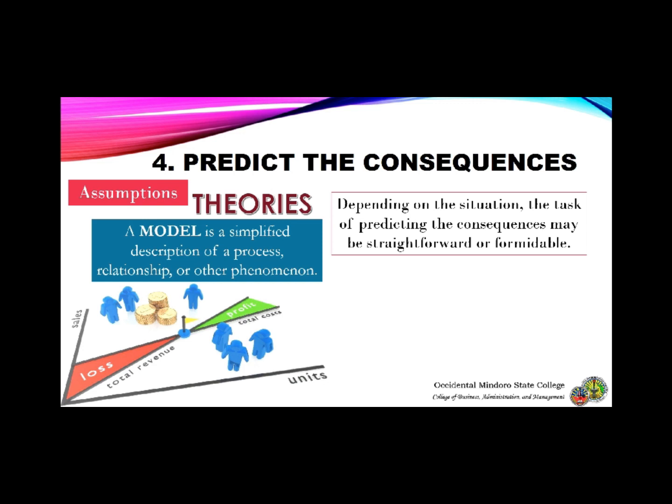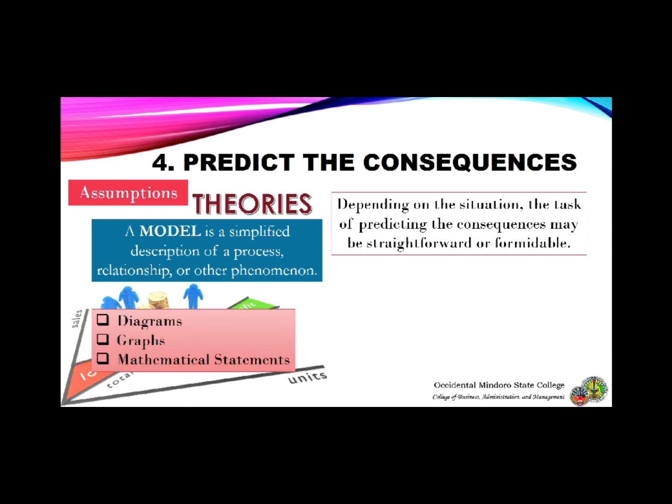In economics, models may take the form of diagrams, graphs, or mathematical statements that summarize the relationship between and among two or more variables. More often than not, there will be more than one theory to explain any given economic phenomenon. When this is the case, which theory should be used?